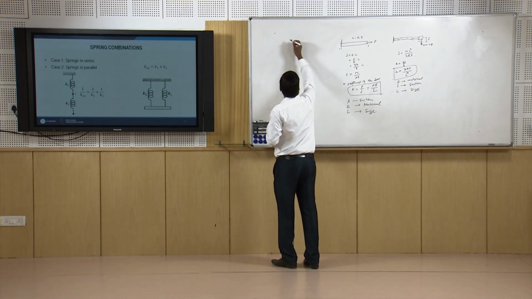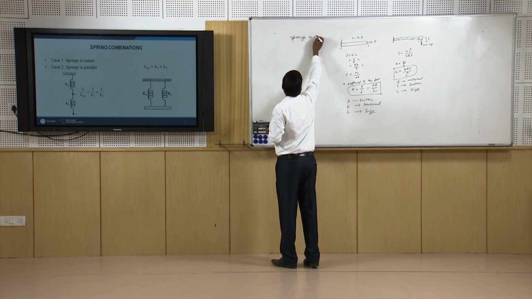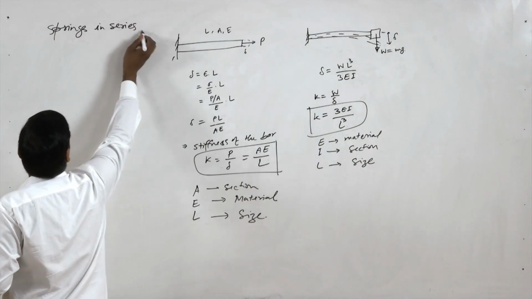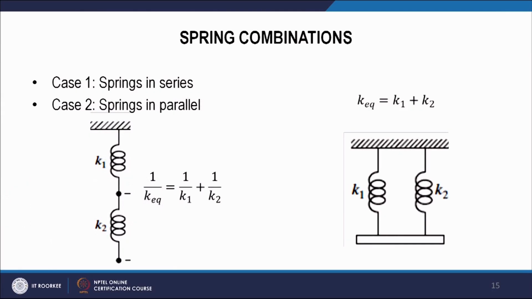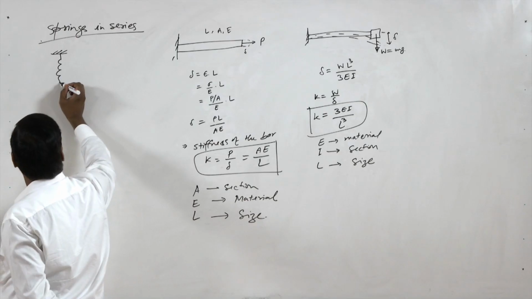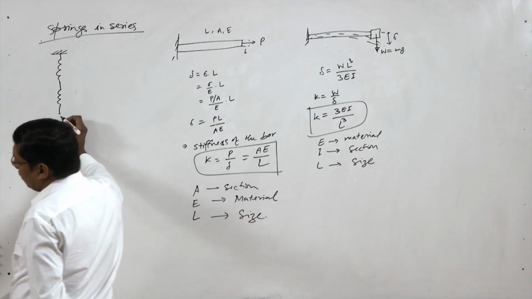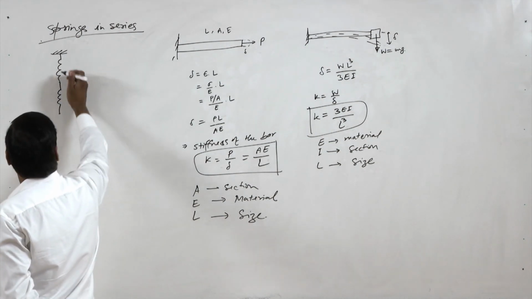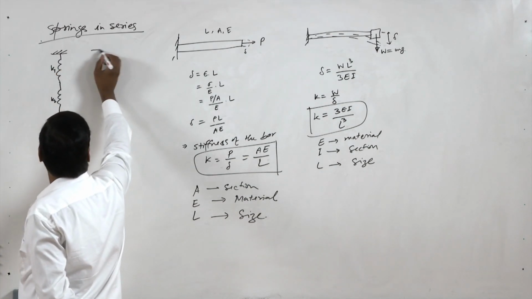So springs in series, we have, let's say we have these two springs in series, and they have their stiffness K1 and K2.